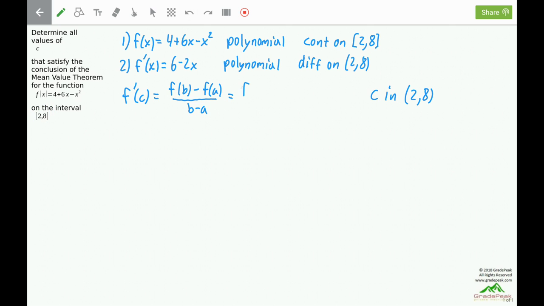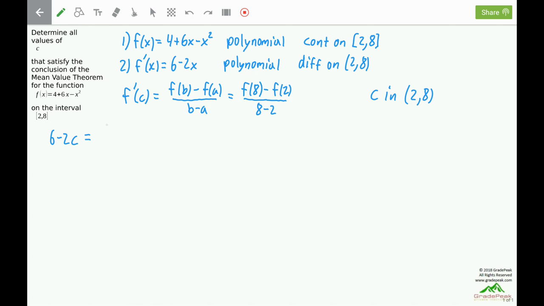So this will equal f of 8 minus f of 2 divided by 8 minus 2. F prime of c is evaluated by plugging c into f prime of x. So the left side will be 6 minus 2c. The right side will be f of 8 minus f of 2, determined by plugging those into the f of x.